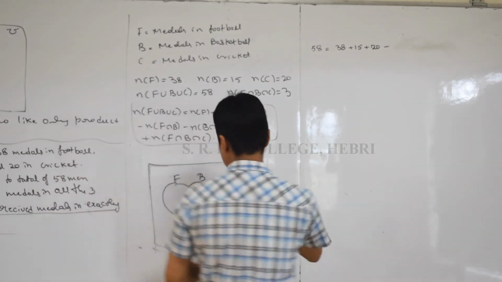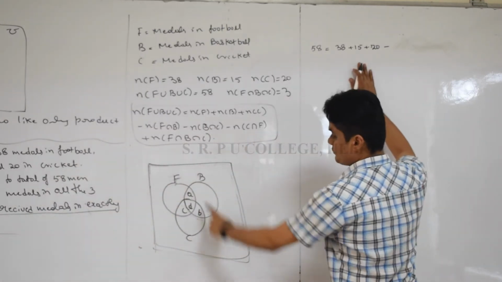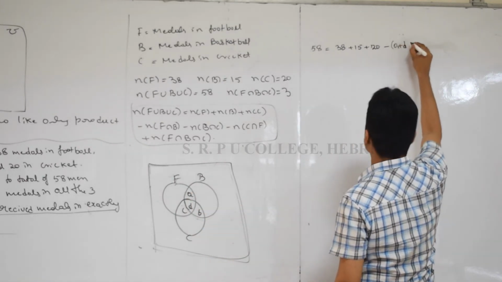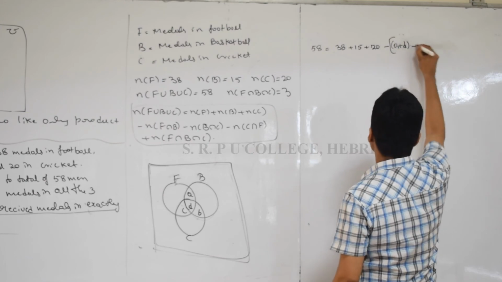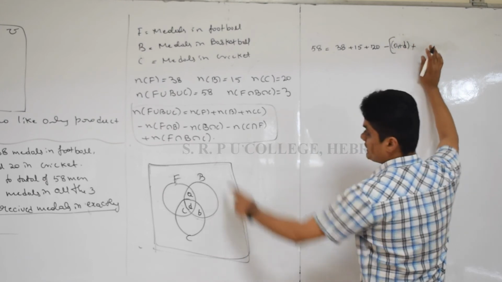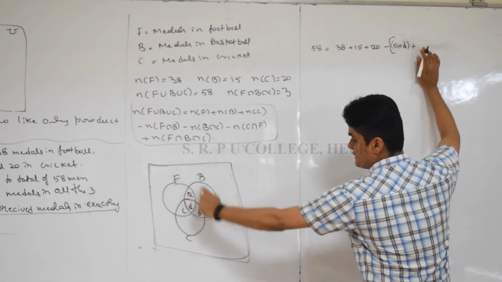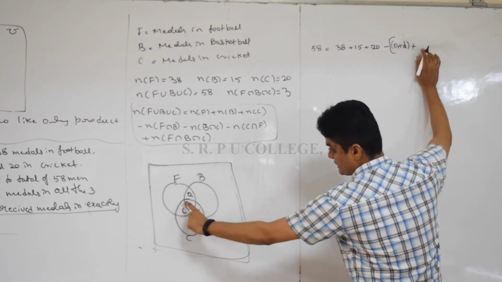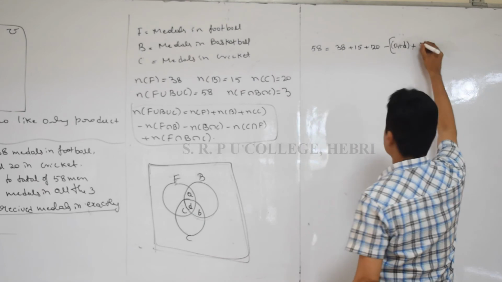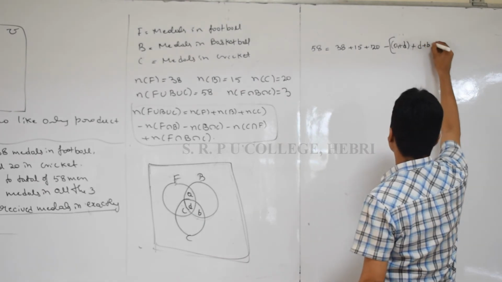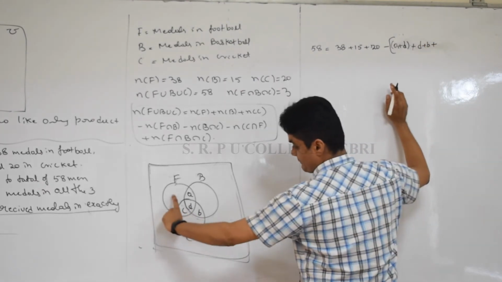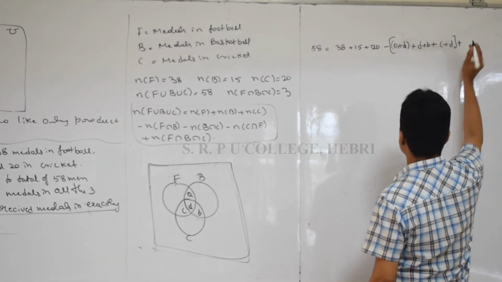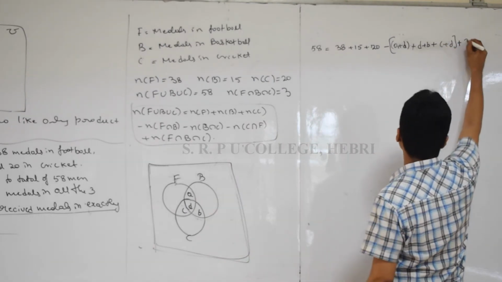Now I have to use both, so we'll substitute. What is F intersection B? F intersection B is A plus D, correct? Then minus, or we write plus only, B intersection C, which is D plus B, correct? Plus next F intersection C, which is C plus D, plus here outside D, which is 3.